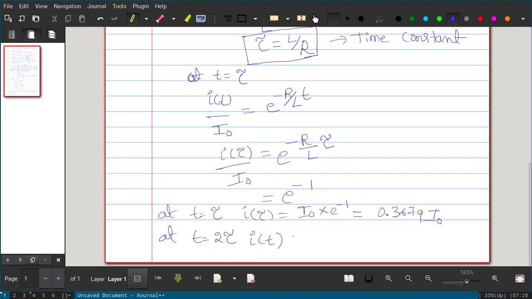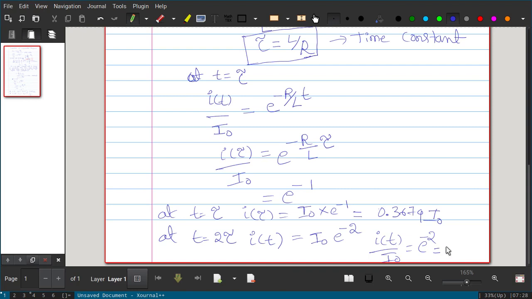That will be I naught into e power minus 2 tau over tau, so e power minus 2. Again the normalized value is I of t divided by I naught, which will be e power minus 2. That value will be 13.53%.